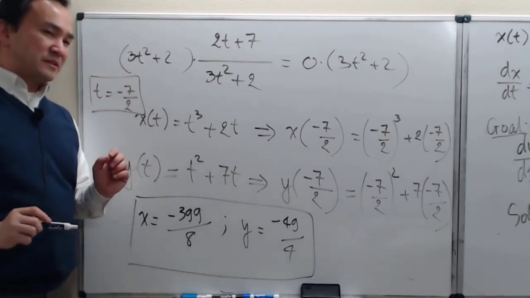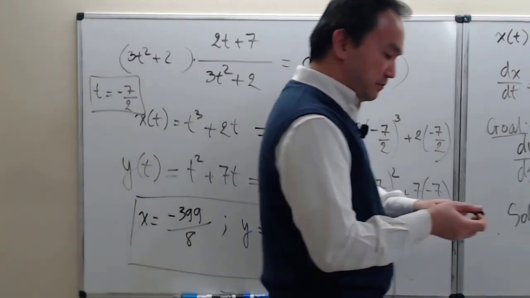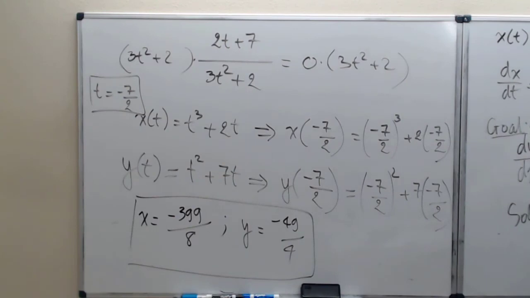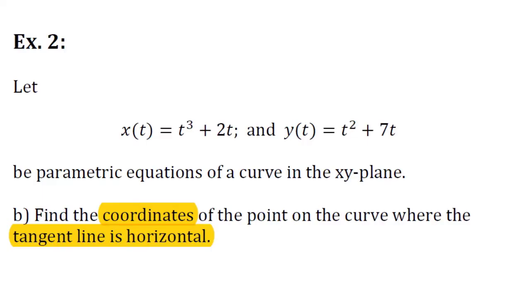And as a generality of this kind of problem, maybe you might be doing a very similar problem, but it's asking to find the coordinates of the point on the curve where the tangent line is at a given slope, instead of directly horizontal, maybe slope 5 or something like that.